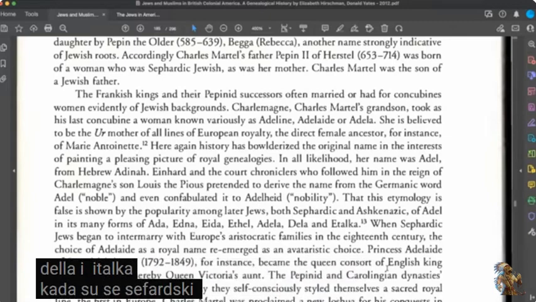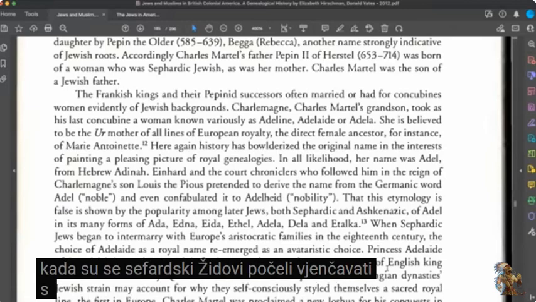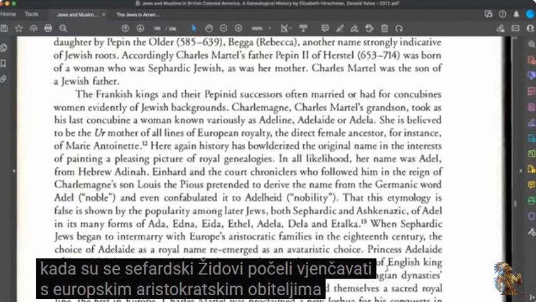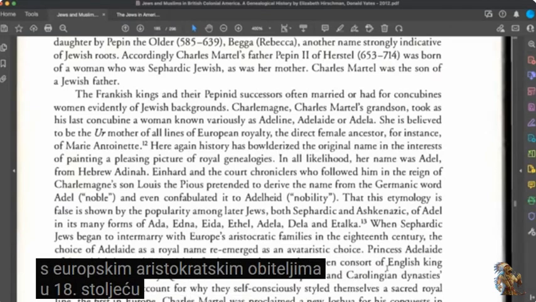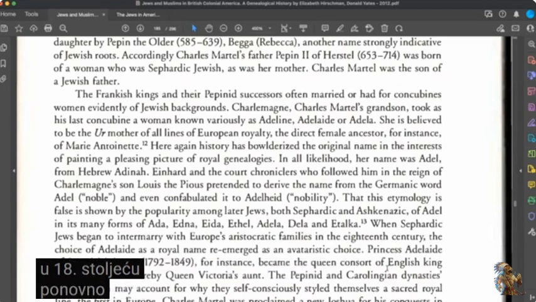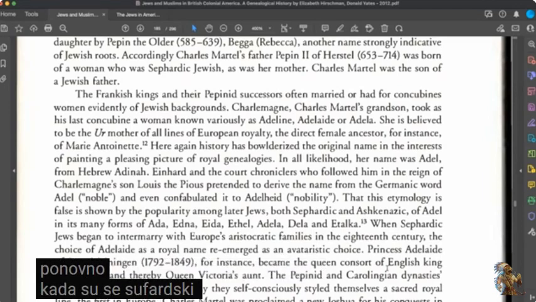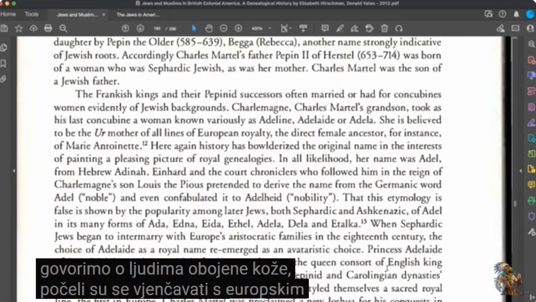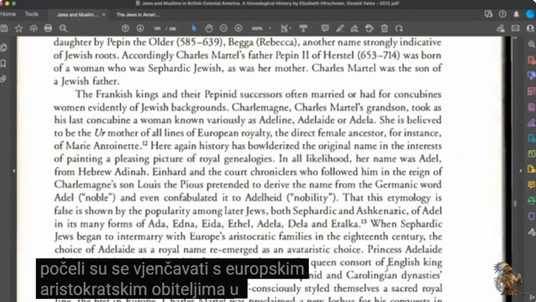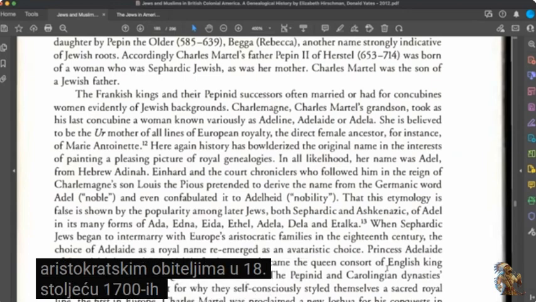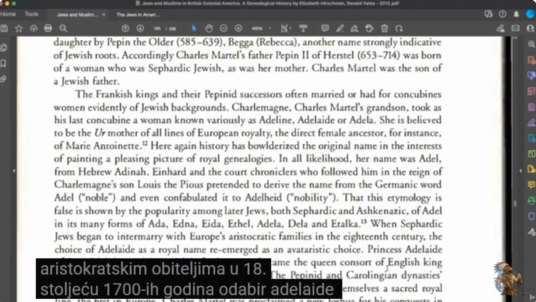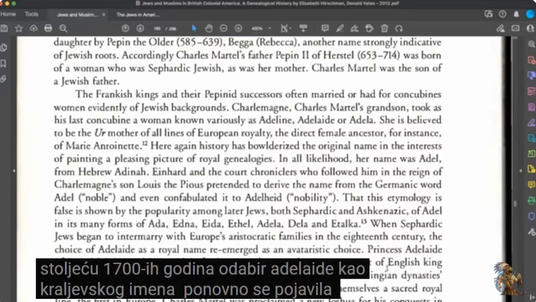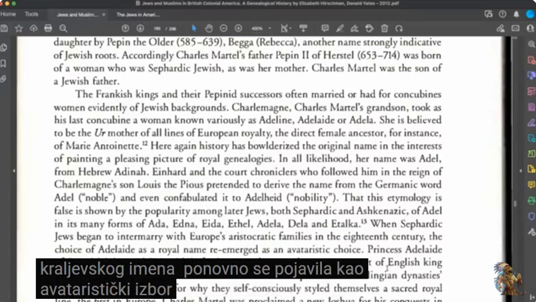When Sephardic Jews began to intermarry with Europe's aristocratic families in the 18th century, again, when Sephardic Jews, we're talking about people of color here, began to intermarry with Europe's aristocratic families in the 1700s, the choice of Adelaide as a royal name re-emerged as an avataristic choice.